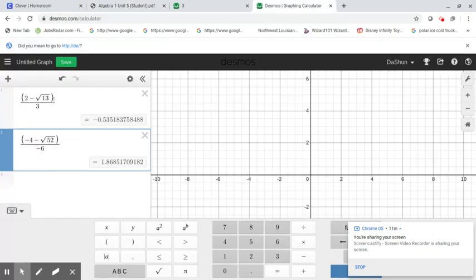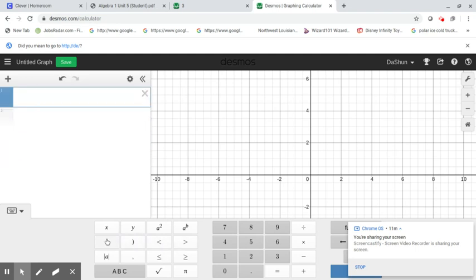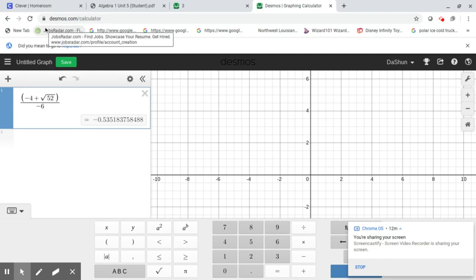All right, when you are typing this in, make sure you put the top, your numerator in parentheses. So we're going to do -4 plus the square root of 52. Close that parentheses. And then divide by -6. And that's going to be negative 0.54.